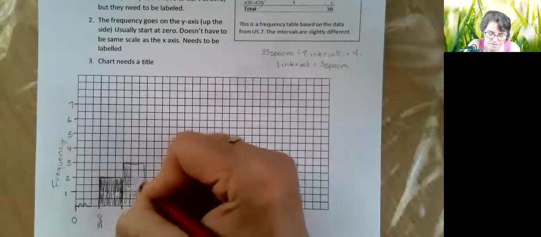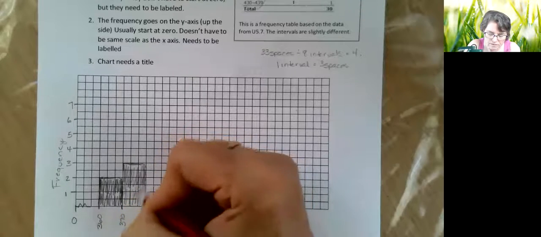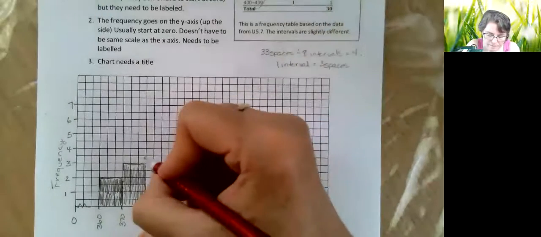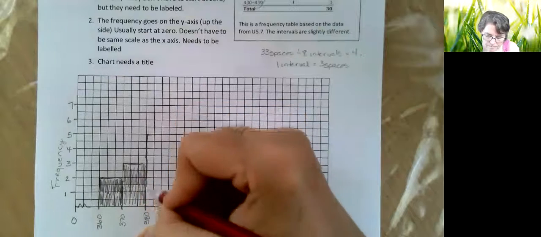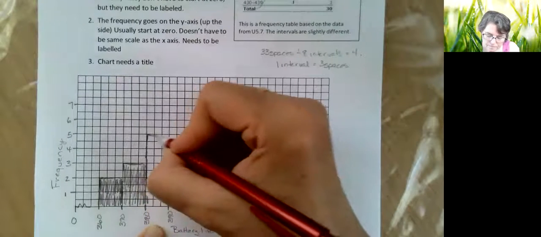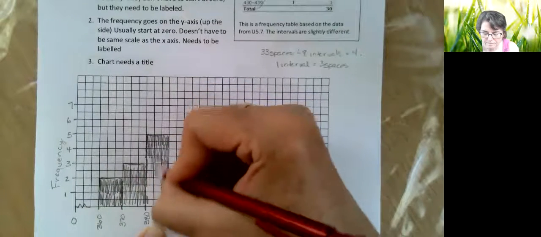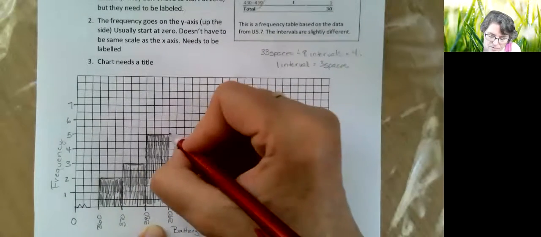If it makes you happy, use different colors. If you want to make it look nice and neat, feel free to use a ruler. And then we have 5. And then we have 7. So this is our biggest one.